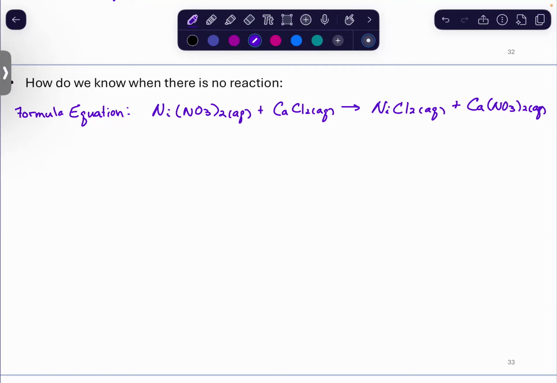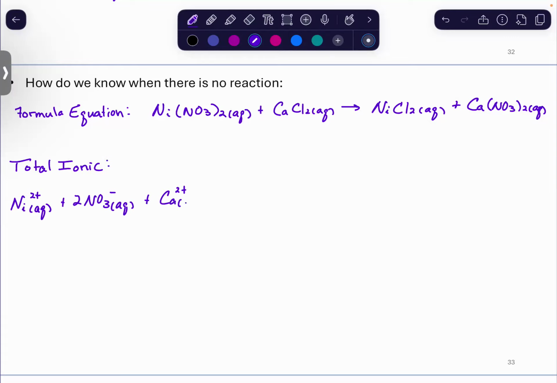Okay, now let's turn this into our total ionic equation. So we're going to have nickel 2 plus 2 nitrates plus calcium.